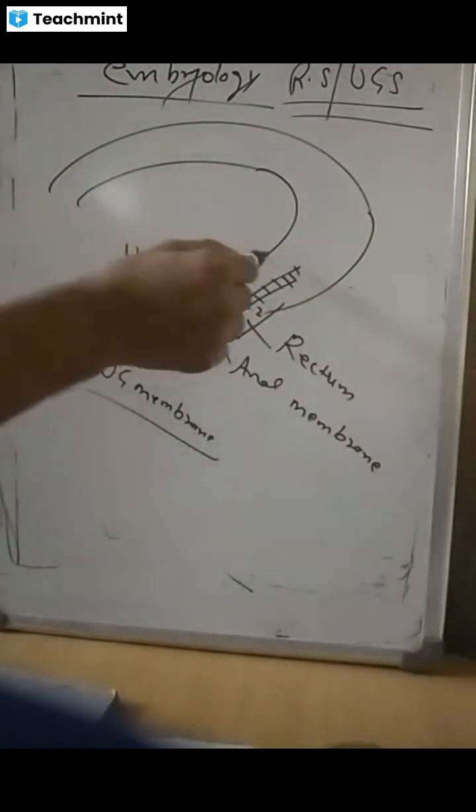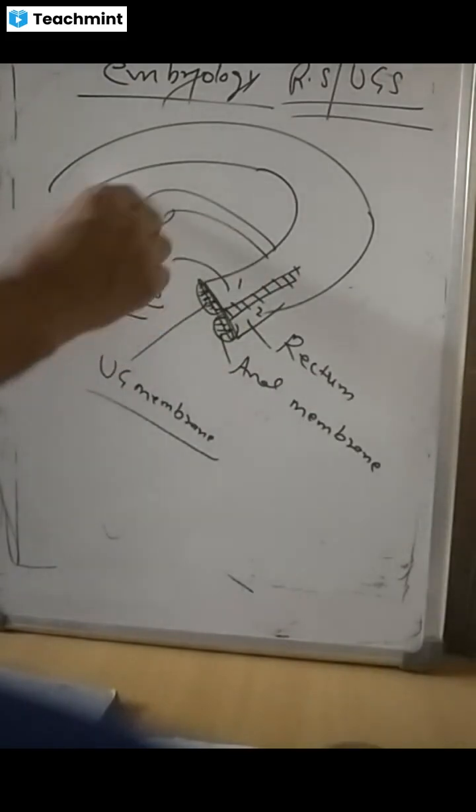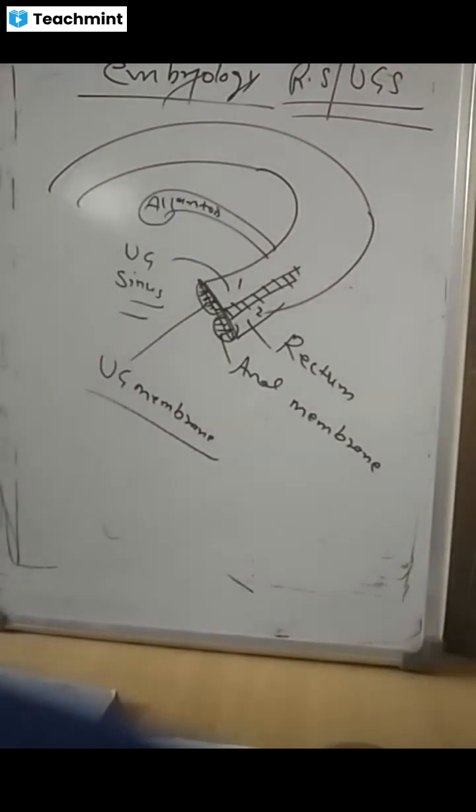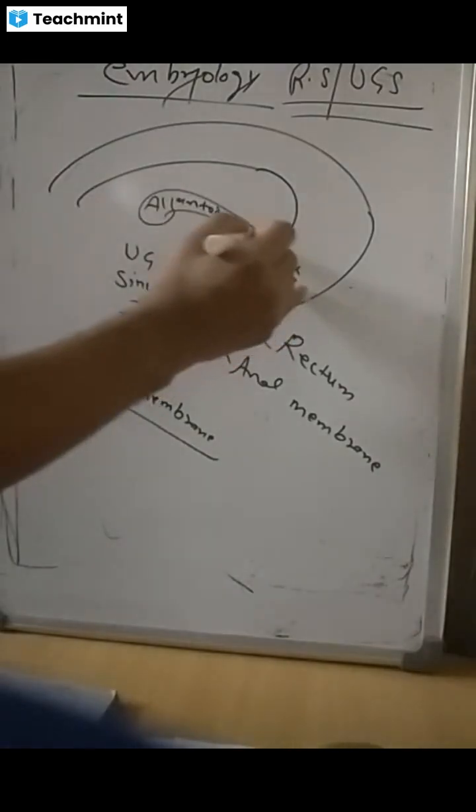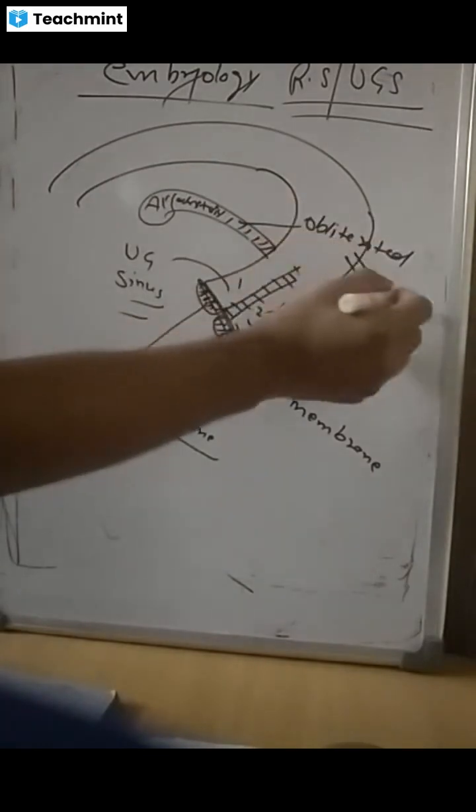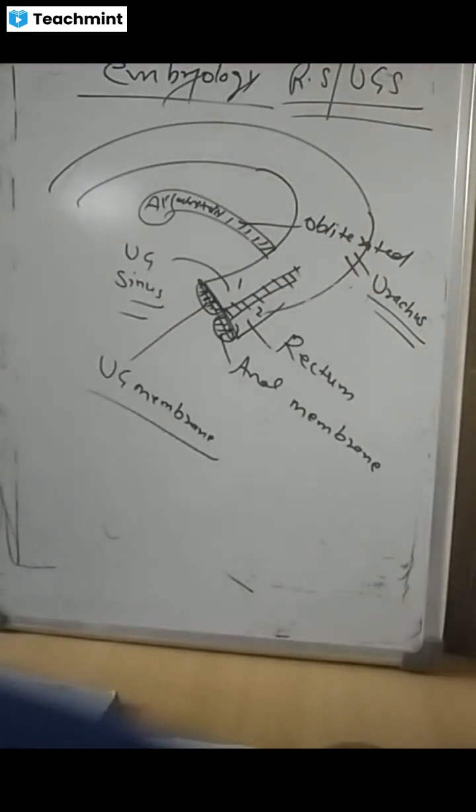And here, the picture was present. This allantois will obliterate and become the urachus.